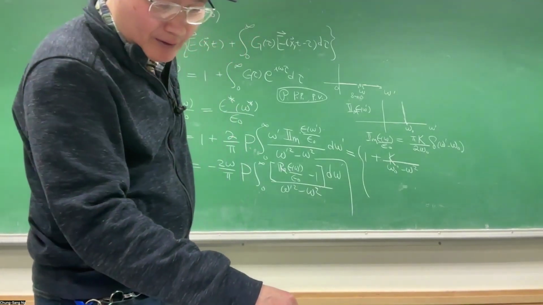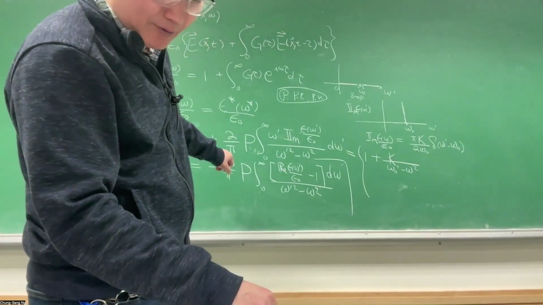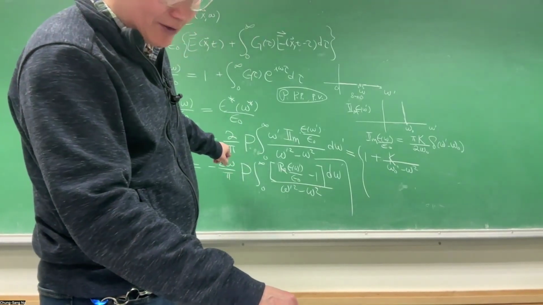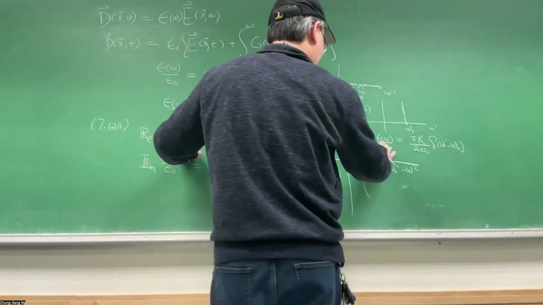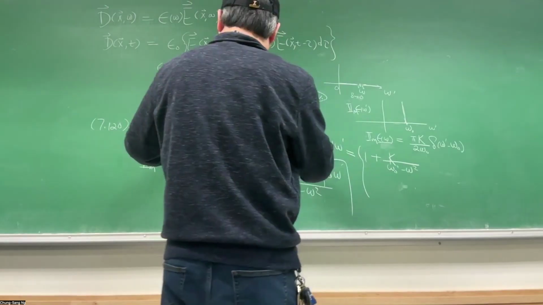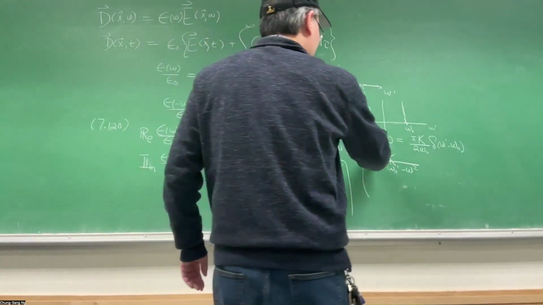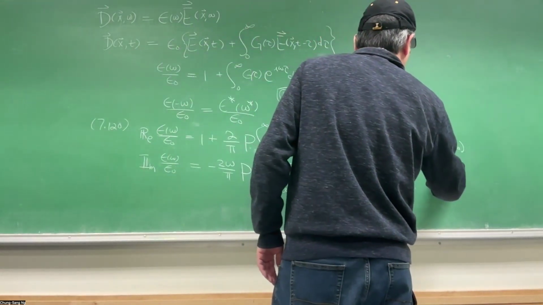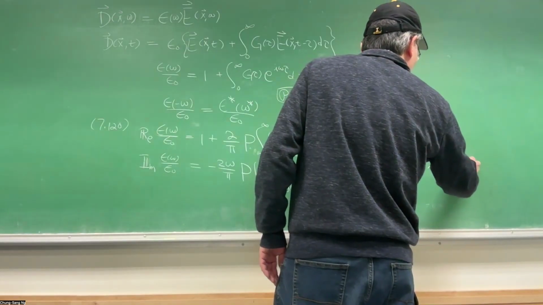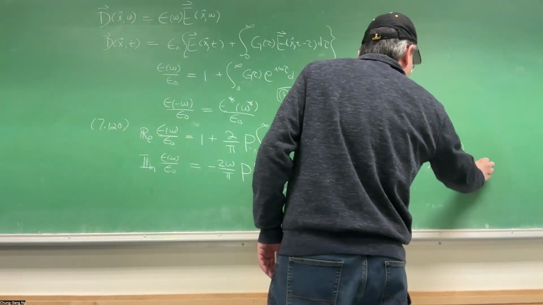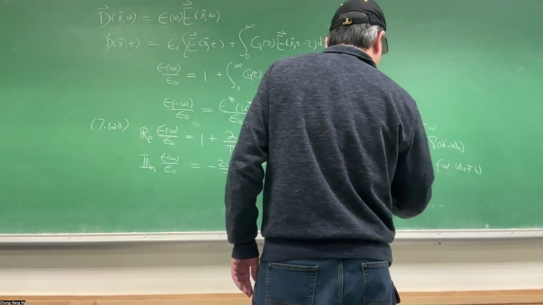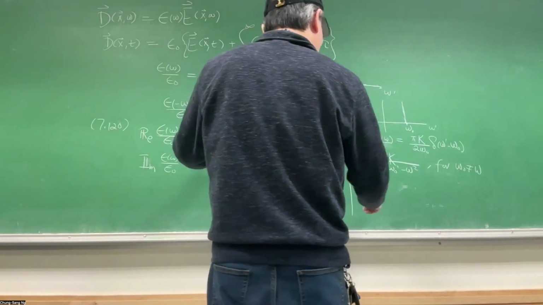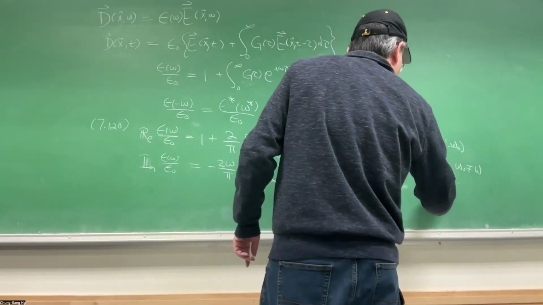Oh yeah, that's Jackson 121 without dividing by epsilon. This is dividing by epsilon, so that's fine. This is for omega 0 not equal to omega. Actually, this is 0, but this is 1.